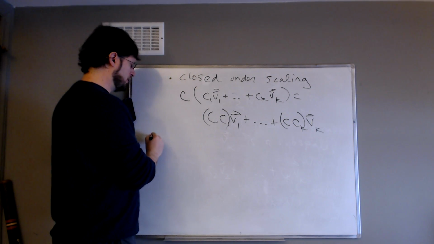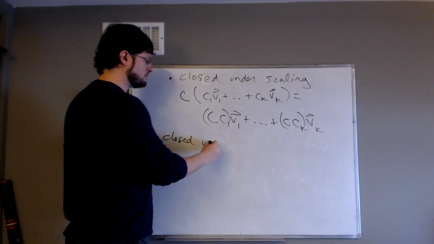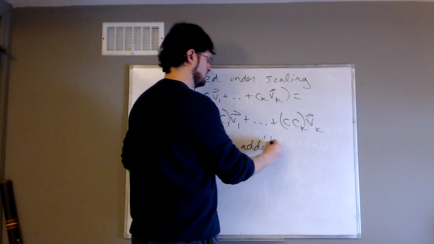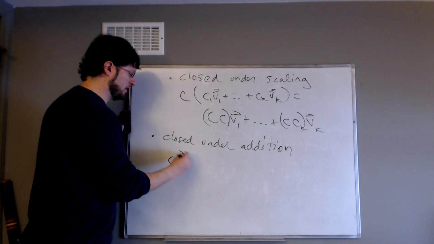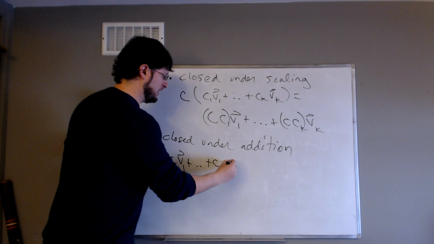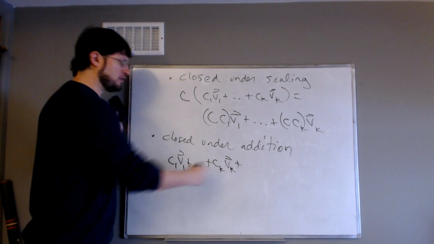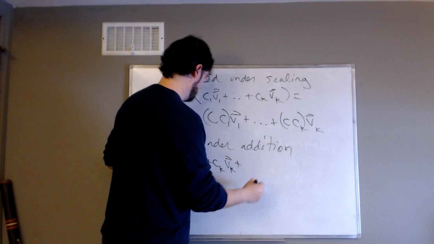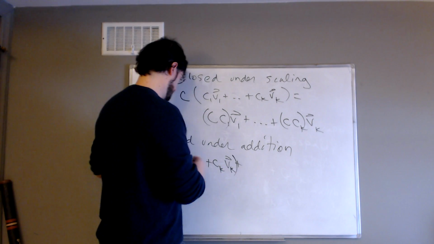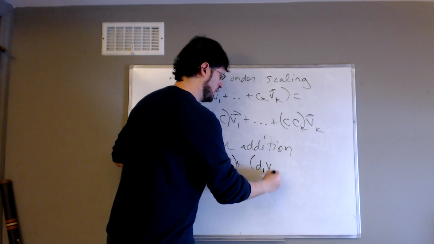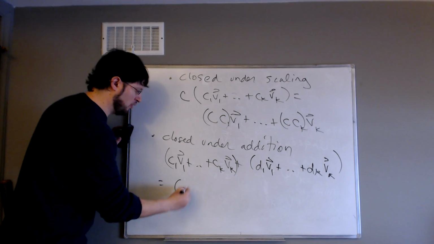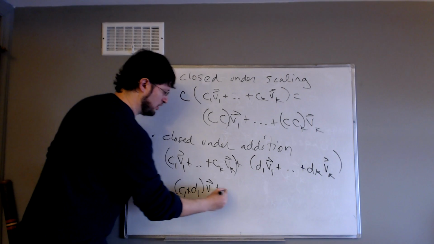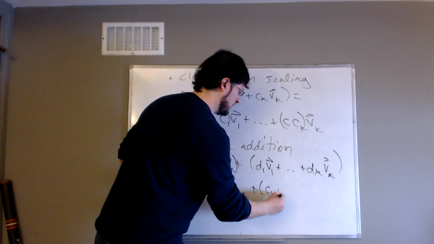It's also closed under addition. Because if I took two of these things, if I took C1 V1 plus all the way to CK VK, and I added this to another linear combination, let's call it D1 V1 all the way to DK VK, then what I get is C1 plus D1 times V1 plus all the way to CK plus DK times VK.